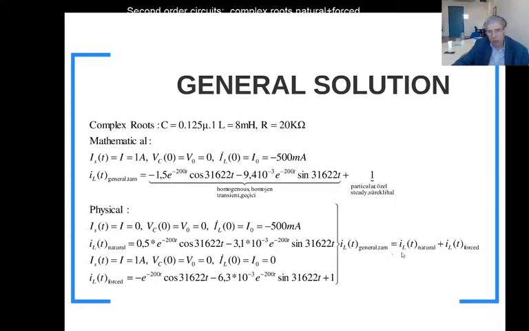General solution is equal to natural plus forced. In the mathematical method, the general solution is the homogeneous solution plus the particular solution. The results of those two are definitely equal to each other. So we have shown this correspondence for the inductor current. It is also true for the capacitor voltage, of course.